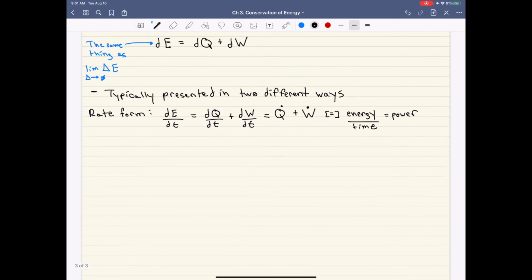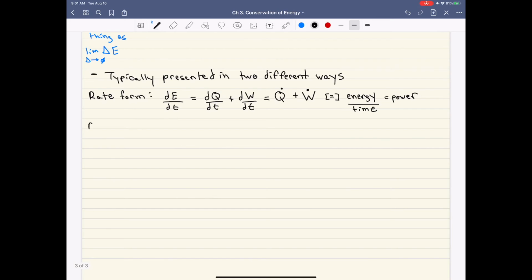The other form of the first law that we could use for a closed system is known as the difference form. And so here, rather than having a differential equation, what we're going to be doing is considering the change in the energy between two specific time points, between some time 1 and time 2.